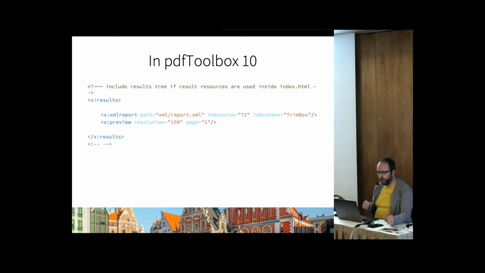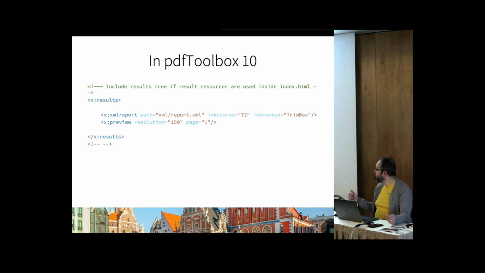And then the second line that you see there, this preview line, allowed you to specify that you also want preview images of the PDF that is being preflighted. So during the preflight phase, pdfToolbox generates, in this case, an image at 150 dpi of page 1. It puts it in a specific folder, and in your template, you can pick that up and use that in the generated PDF file.